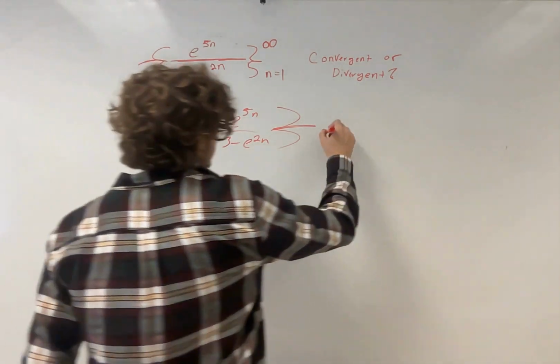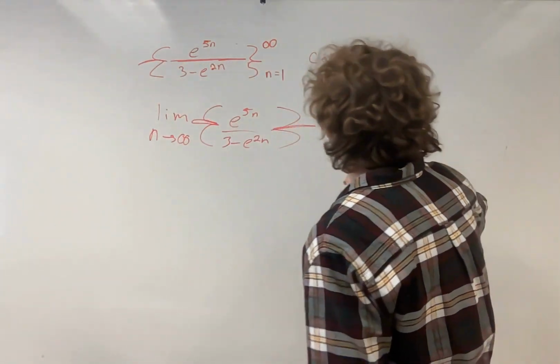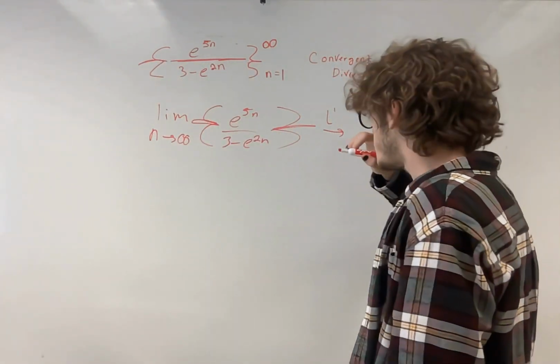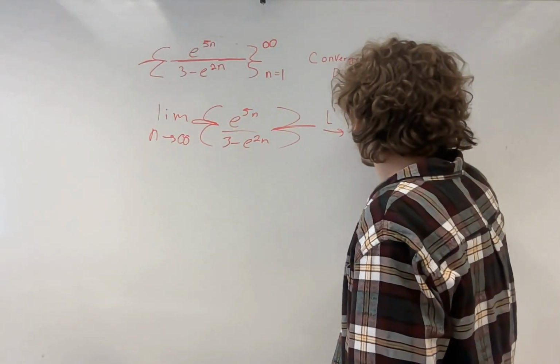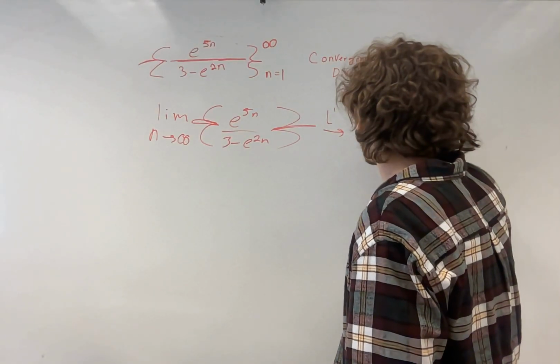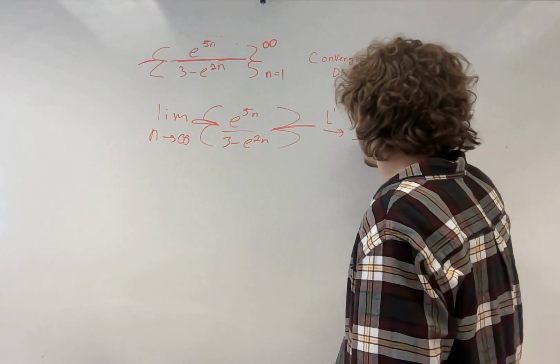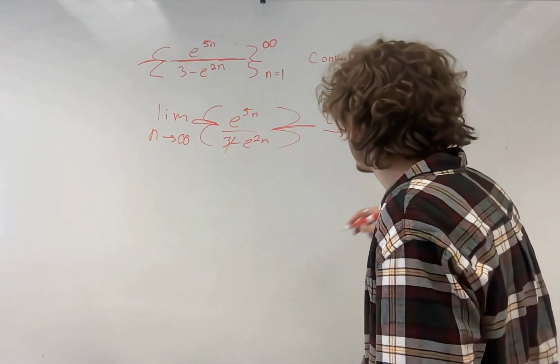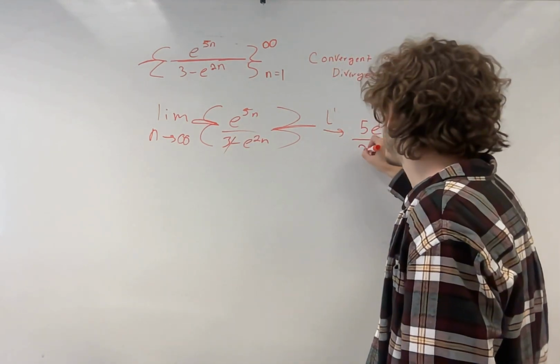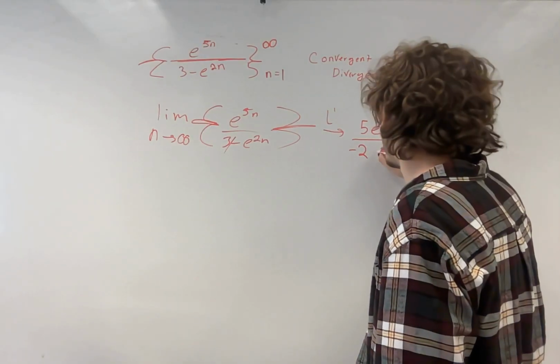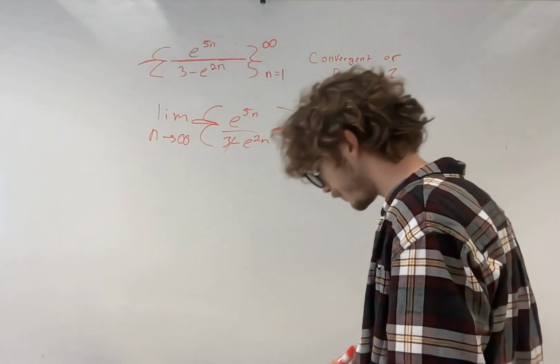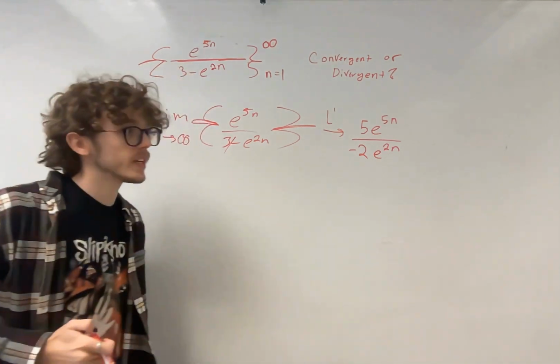So when we take L'Hopital's rule, it's going to be 5e to the 5n, the 3 is going to cancel out, and then we're going to get negative 2e to the 2n. Notice we have some like terms we can cancel.